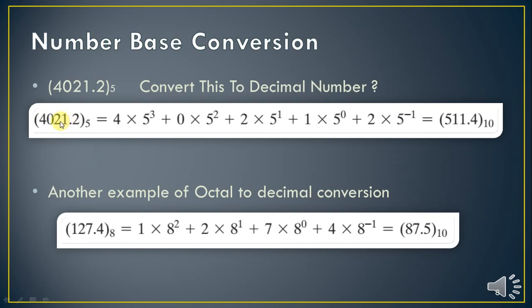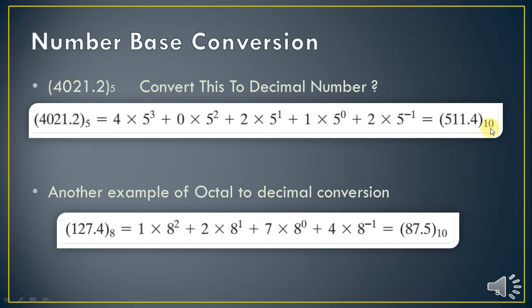So the 1 will be multiplied with 5 to the power of 0 as shown here, and the 2 will be multiplied by 5 to the power of 1, and henceforth the 0 can be neglected, but its position must remain in the same place. The 4 will be multiplied with the radix 5 to the power of 3. So 4 times 5 to the power of 3. The sum of this will be 511.4, its decimal equivalent.